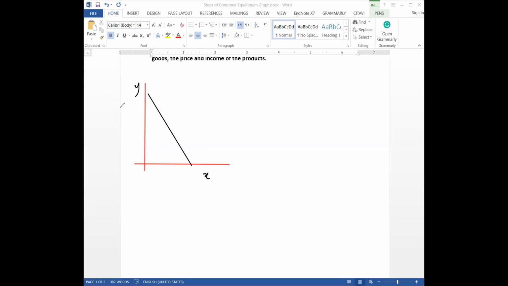The budget line, we already discussed, is negatively sloped because of the limitedness of the budget. That's why it is negatively sloped.